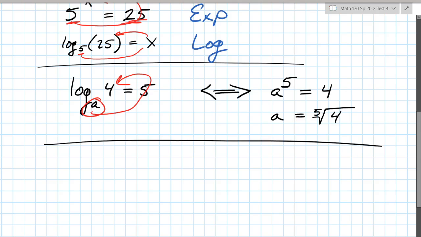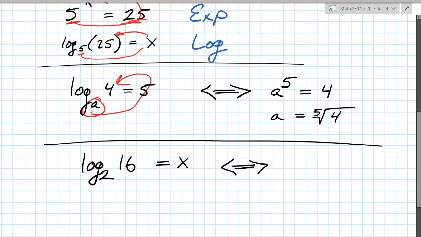We can find some exact values. So if I said log base 2 of 16 equals x, and we don't know what log base 2 of 16 is, we could try to rewrite it in exponential form.